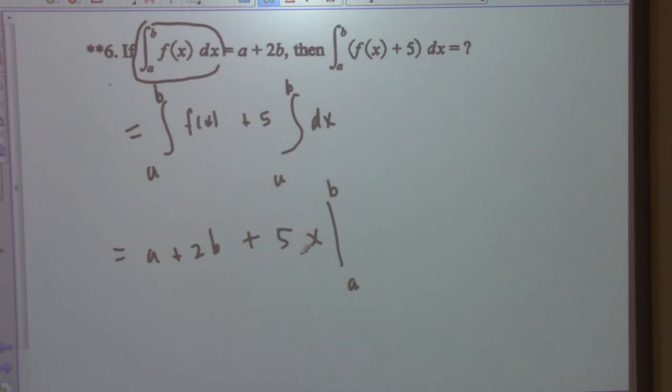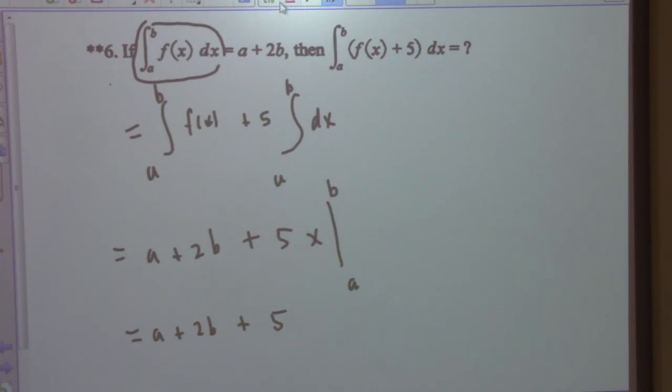So what is this going to be? What is this thing right here? 5a. Let's see, when I say b, it's b minus a.